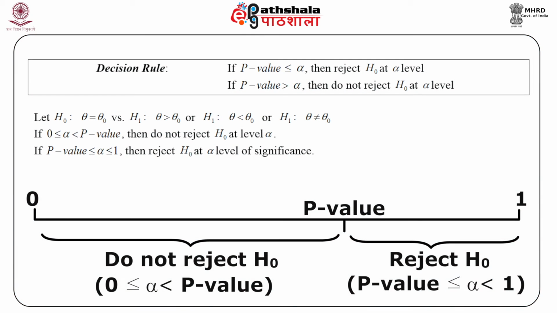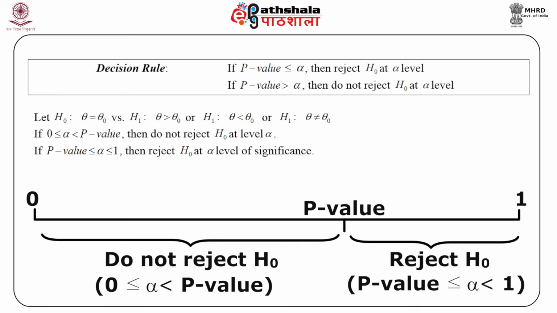So it can be written as phi of modulus z greater than or equal to 0 and less than or equal to 1 always. The decision rule is illustrated in our figure 5. Now, the decision rule could be that if p-value is less than or equal to alpha, then reject null hypothesis H0 at alpha level. If p-value is greater than alpha, then do not reject null hypothesis H0 at alpha level.